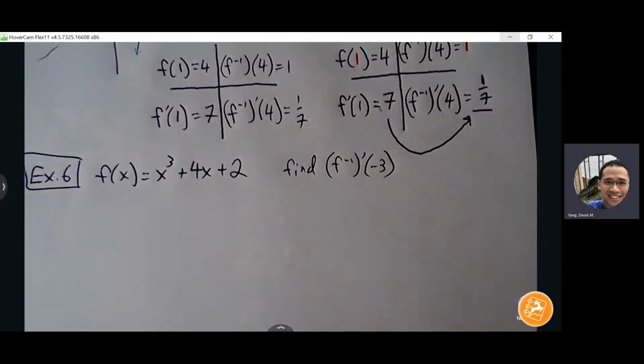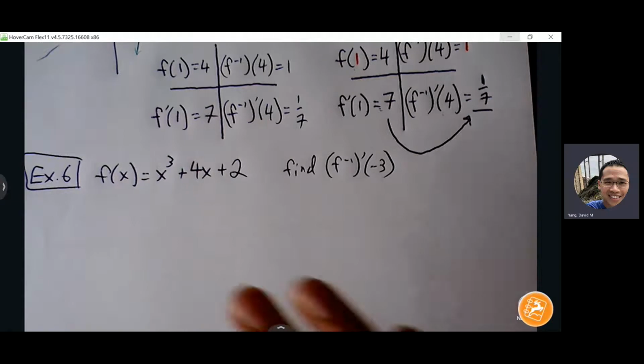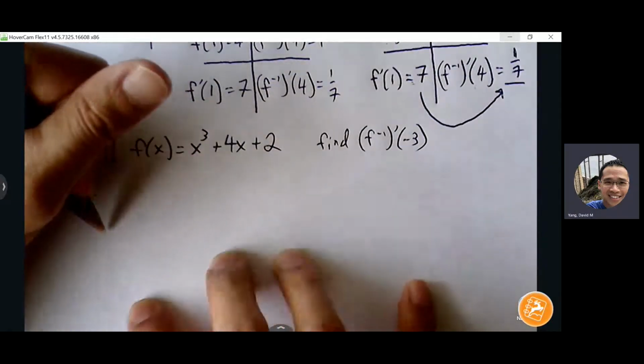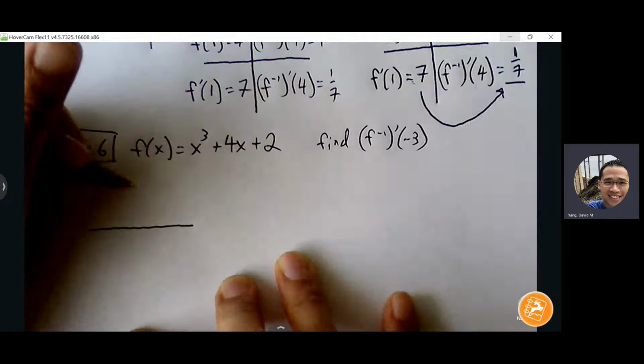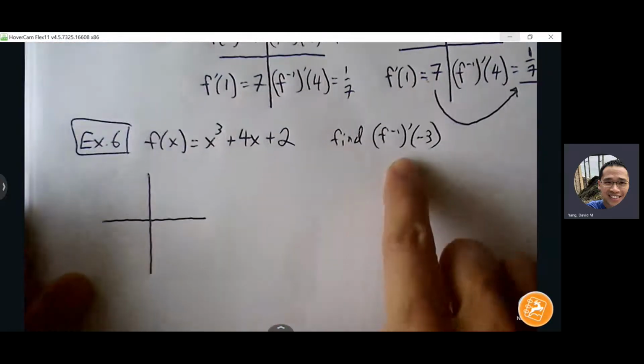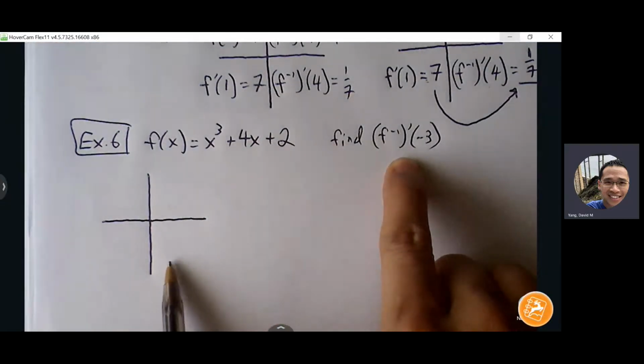So we're going to find the derivative of f inverse at -3. I like using my chart here. It helps me organize my information. I know ultimately I'm going to end up here, but I'm going to be working my way around this diagram.